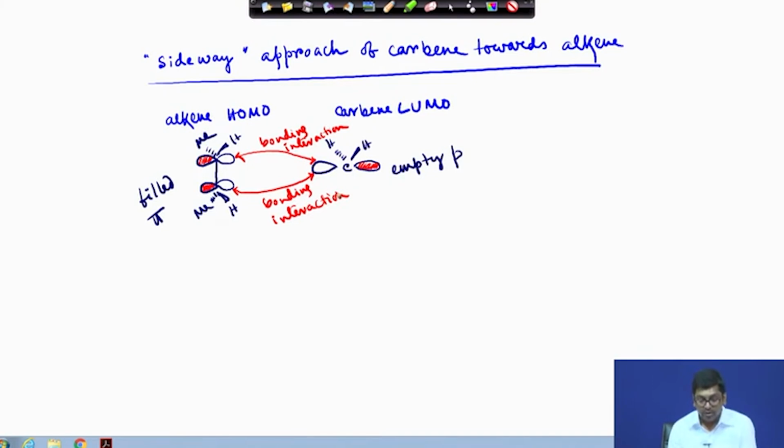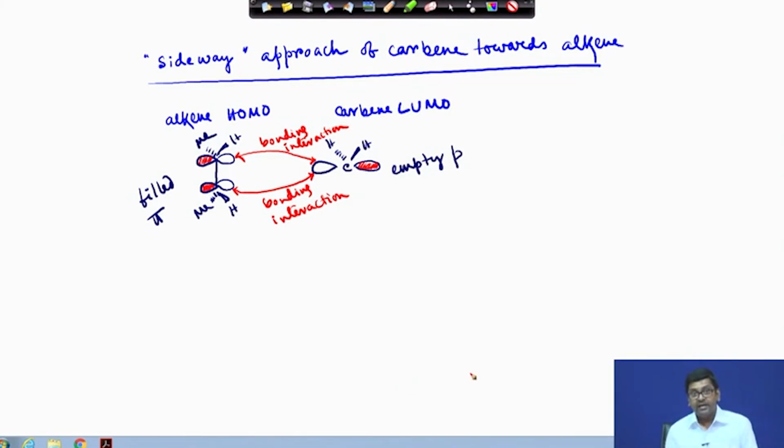Fine. So, in this way the alkene HOMO and the carbene LUMO, if the sideway approach can be considered, then definitely this orbital symmetry is happening. Okay. And in this way these reactions can nicely take place.